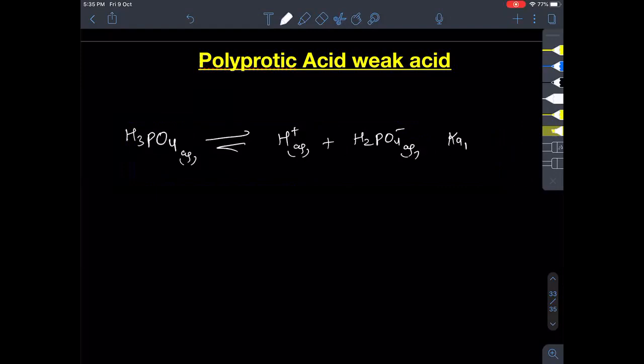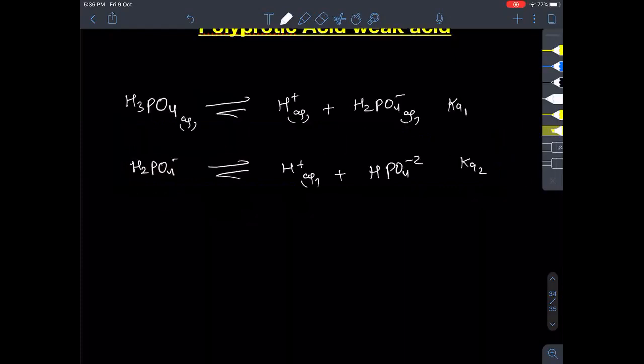Similarly, guys, we have H2PO4- going to H+ (aq) plus HPO4 2-. This is Ka2. And similarly, the last portion, the third ionization, will simply be H+ (aq) plus PO4 3-.